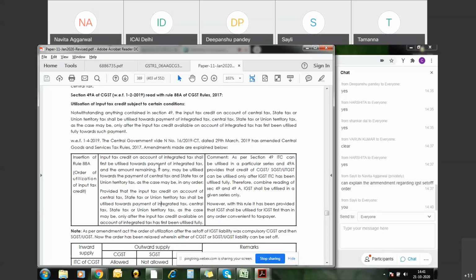Earlier there was an order that whatever is remaining should first be utilized under CGST, but later on the option has been given to the assessee that first the liability should be settled off with the input IGST. Rest, if there is any input IGST, then it can be utilized against any of CGST, SGST or UTGST. There is no order for utilization of the ITC against these three.